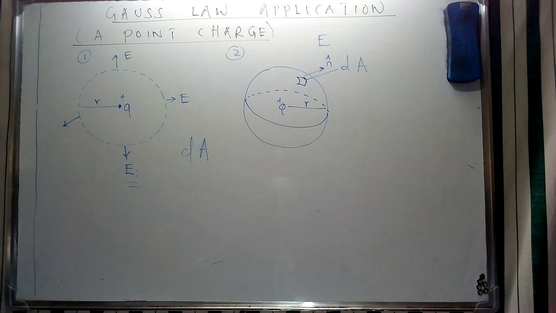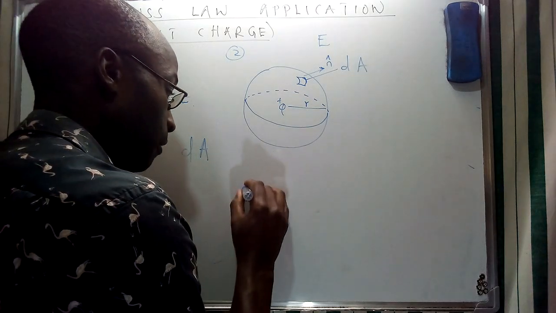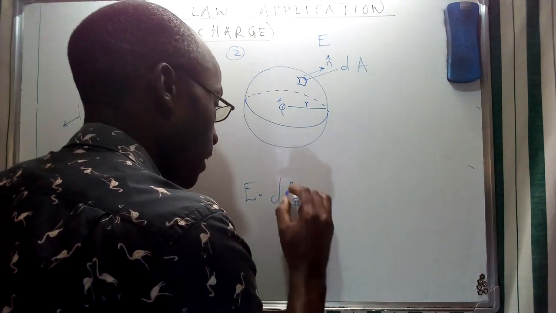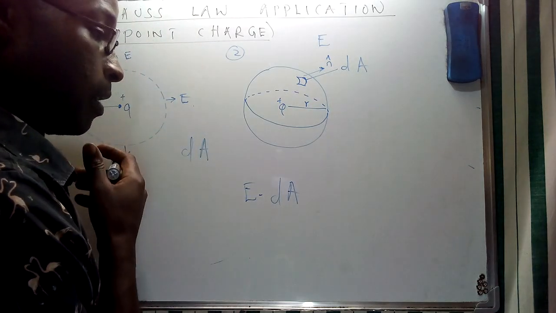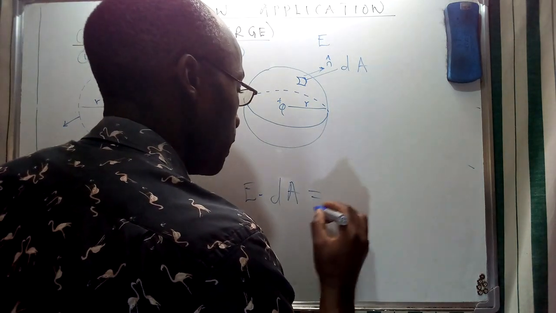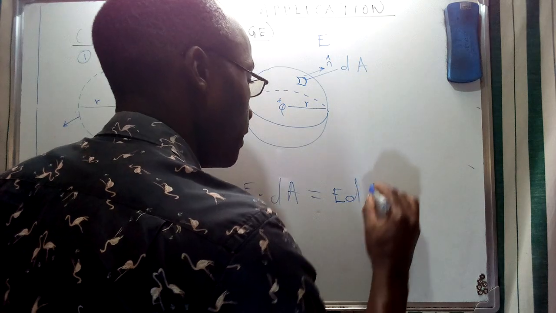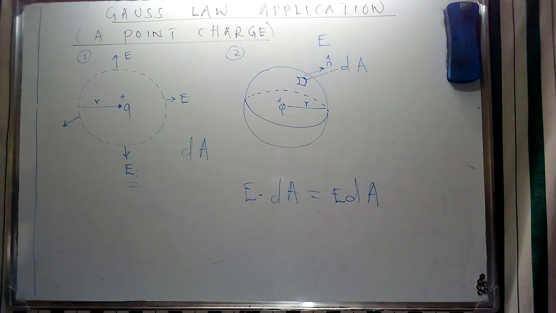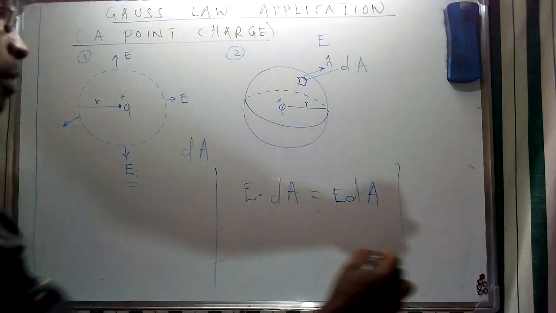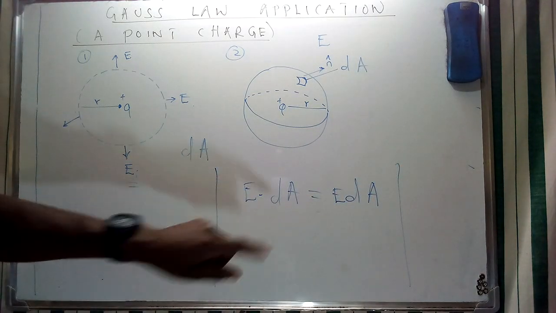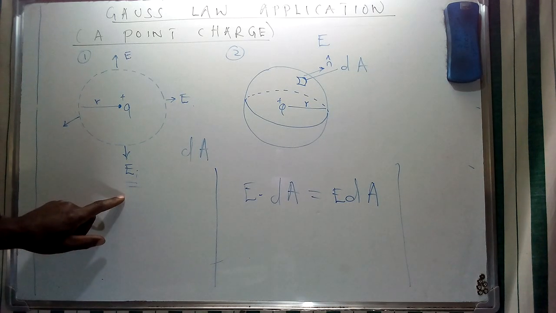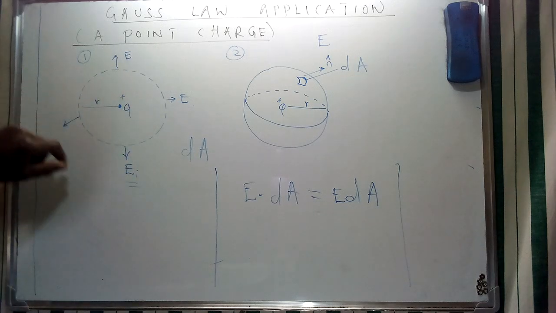So for this element, we talked about the concept of electric flux being equivalent to E dA. Doing an integration over this surface, the consequence of this assumption leads us to the conclusion that the magnitude of the electric field at each point is constant over the surface.